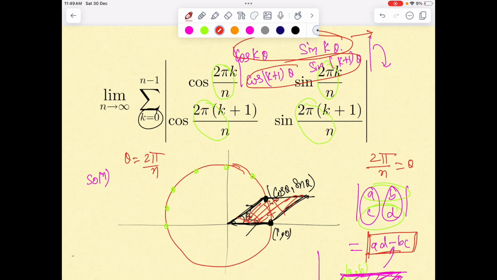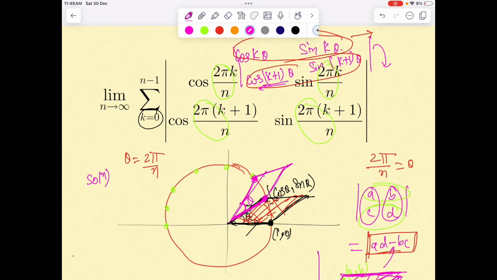So let me color this with red chunks. Now if I take k equals 1, we'll get another parallelogram, because now for k equals 1 one point is cos theta, sin theta, and you can clearly see the other point is cos 2 theta, sin 2 theta, which is again at a theta angle inclined to the final vector of the initial configuration.